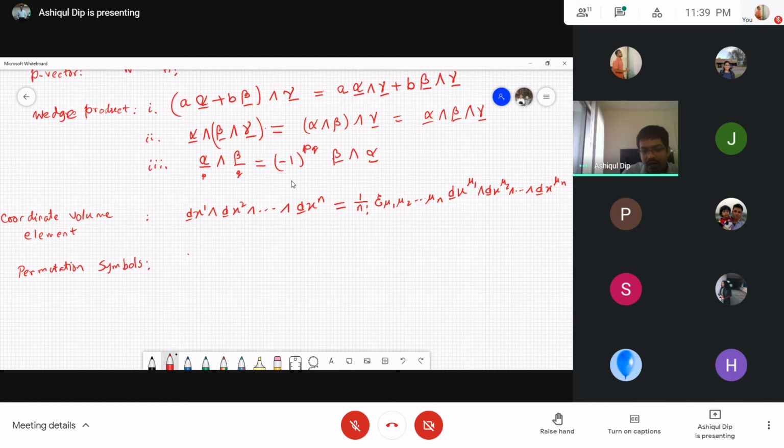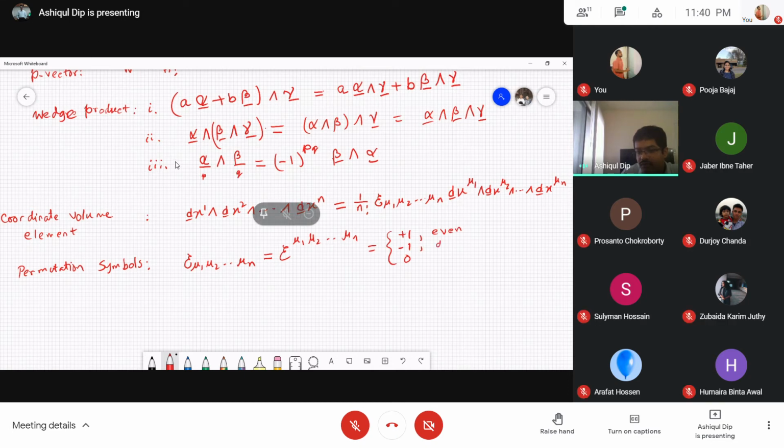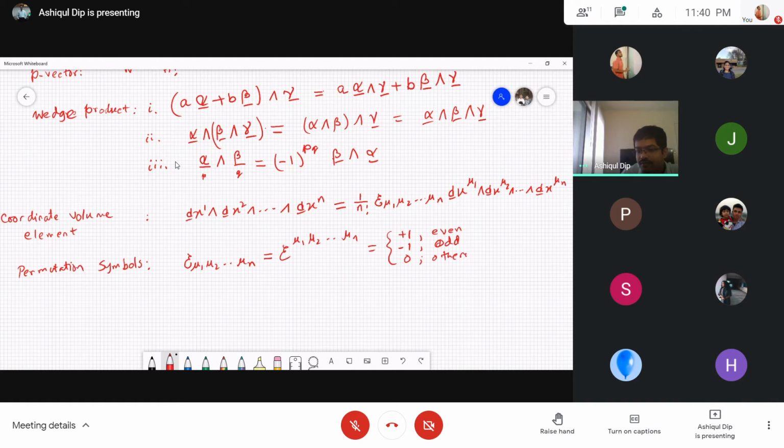So how was E defined? E mu1 mu2 up to mu n, same as E upper mu1 mu2 up to mu n, equals either +1, -1, or 0. For an even permutation you have +1, for odd you have -1, and 0 otherwise, right?